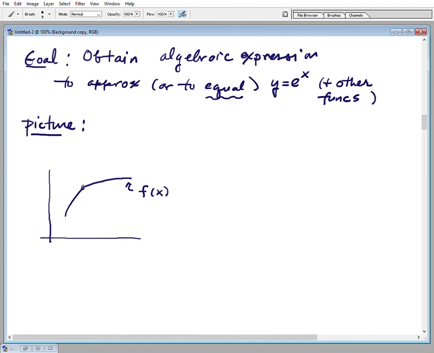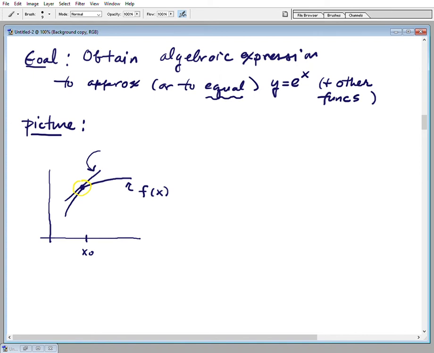So what one can do is say, well, okay, if I draw a tangent line, that doesn't really approximate f of x very well, but right over here, very close, it's a good approximation near that point, wherever the tangent line is touching. Okay, so near x0, we have a nice approximation.